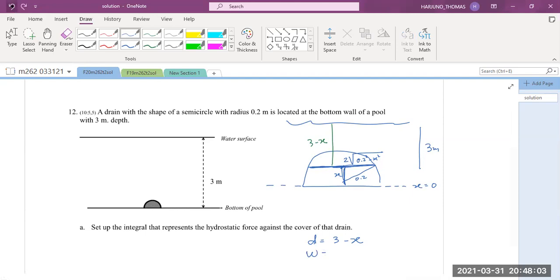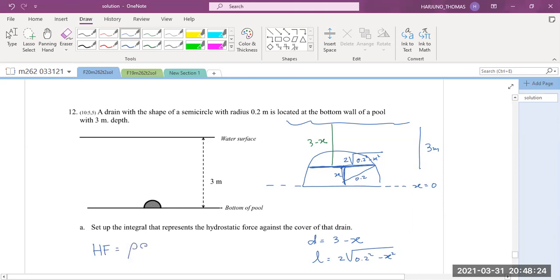The width, however, or the length of the strip, let me use L instead. That's what I used before. The length of the strip will be 2 square root of 0.04, I leave it 0.2 squared minus x squared. So the hydrostatic force will be rho g integral from 0 to 0.2 of 3 minus x times 2 square root of 0.2 squared minus x squared dx.